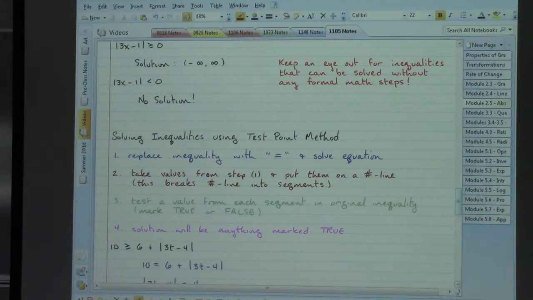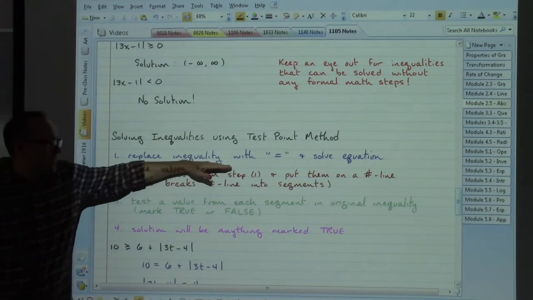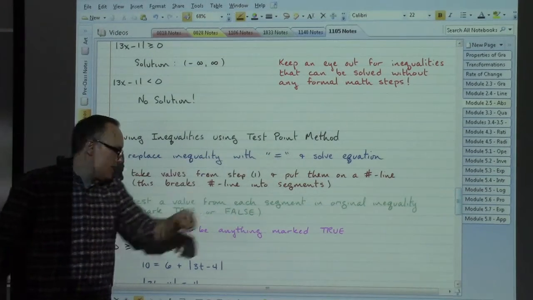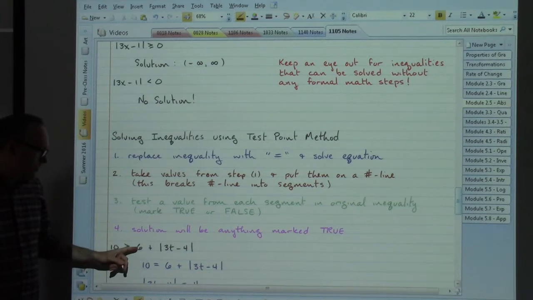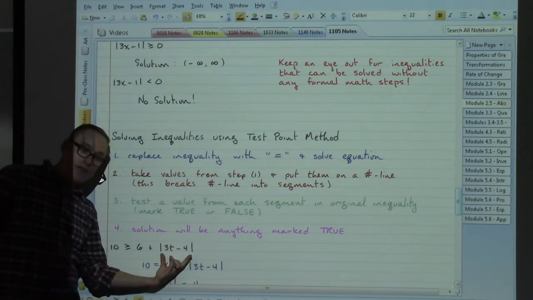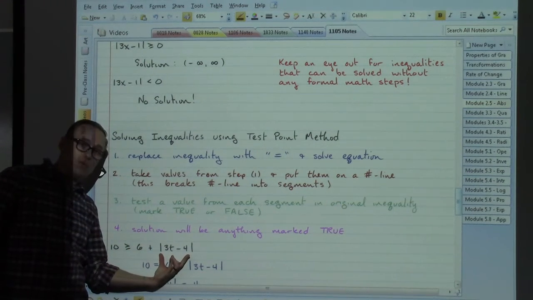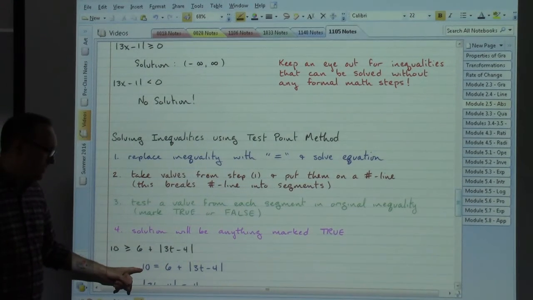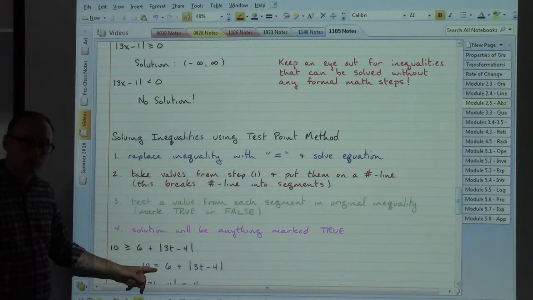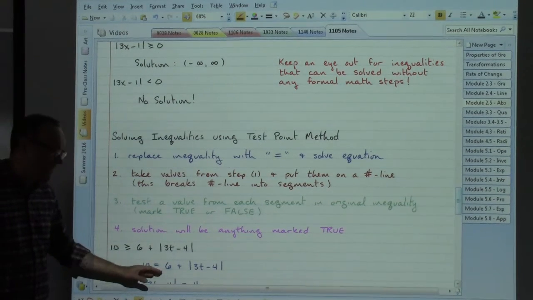So let's bring up at the bottom of the screen here an example and slap down that first step. We will replace that inequality with an equal sign. If we have this example, 10 greater than or equal to 6 plus the absolute value of the quantity 3t minus 4, we're going to replace the inequality sign with an equal sign. 10 equals. No more greater than or equal to, just 10 equals.